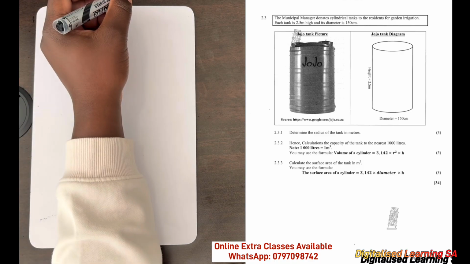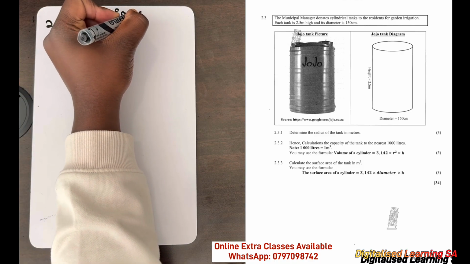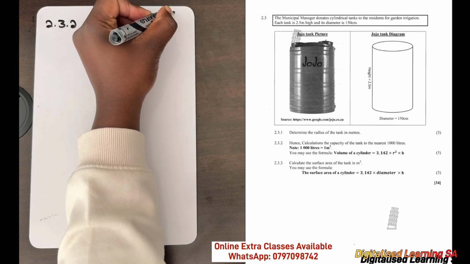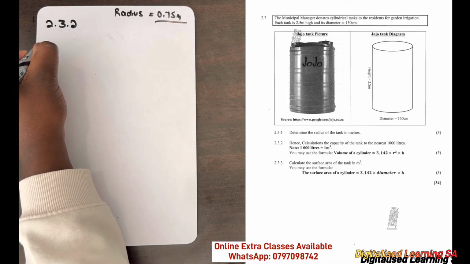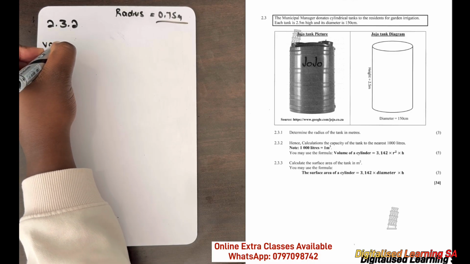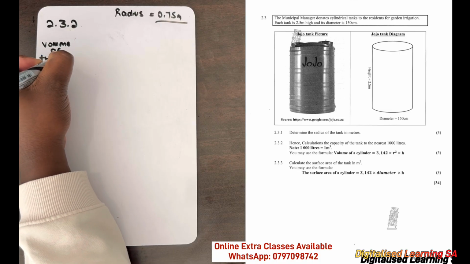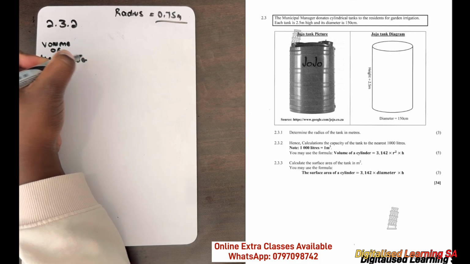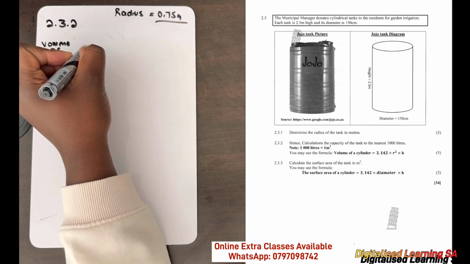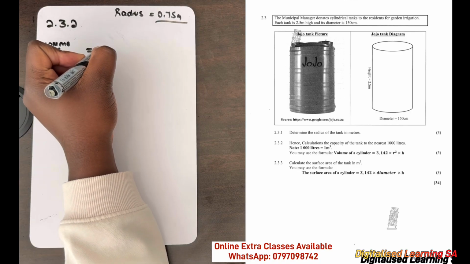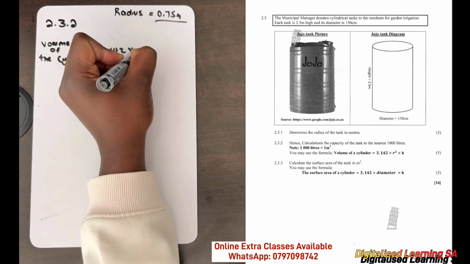We know that from the previous question, our radius was 0.75 meters. In this question, we need to calculate the volume of the cylinder. So the formula says 3.142 multiplied by r squared.